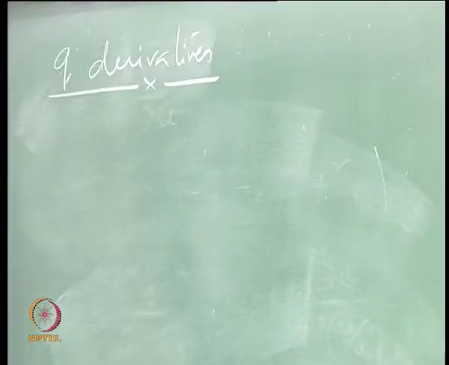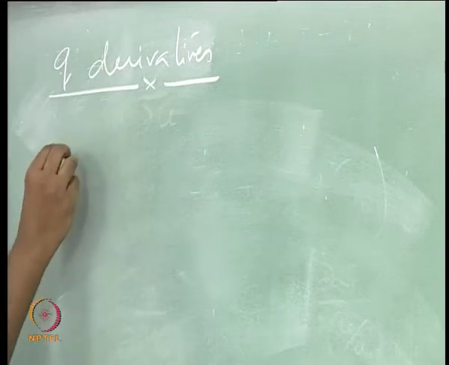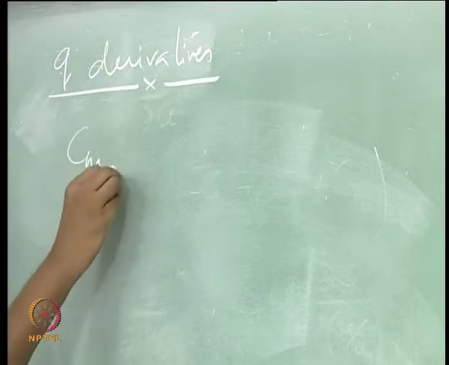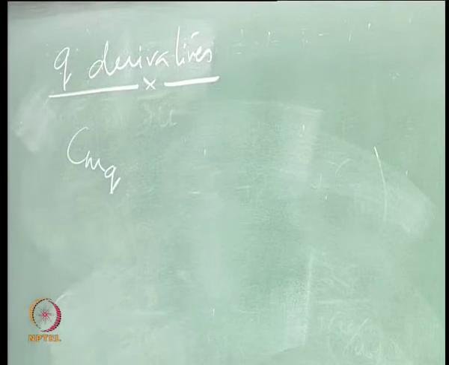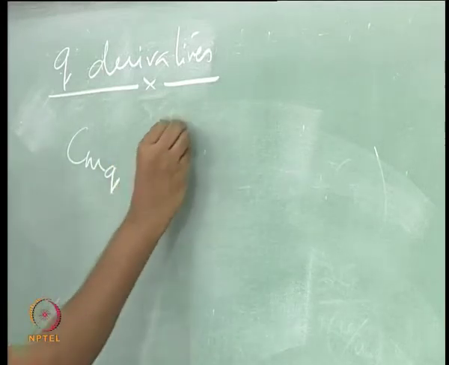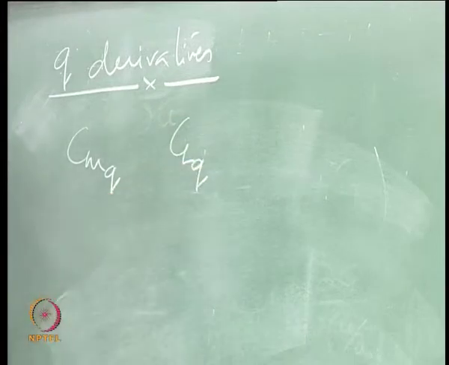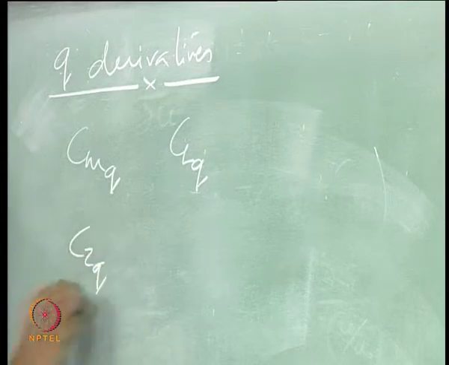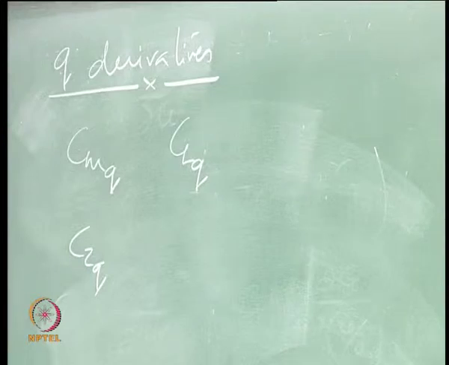What I am interested in finding out is how Cm is changing with respect to this steady pitch rate, how Cl is changing with respect to this pitch rate, or Czq, if you want to talk about this normal force coefficient.